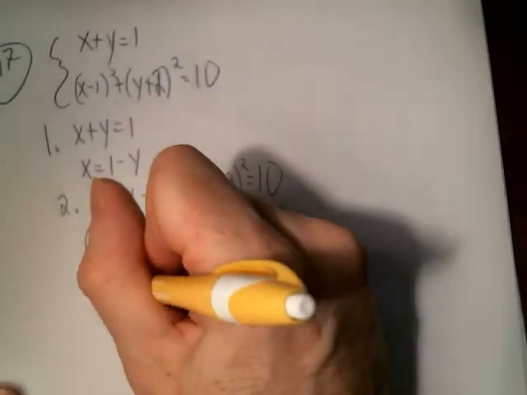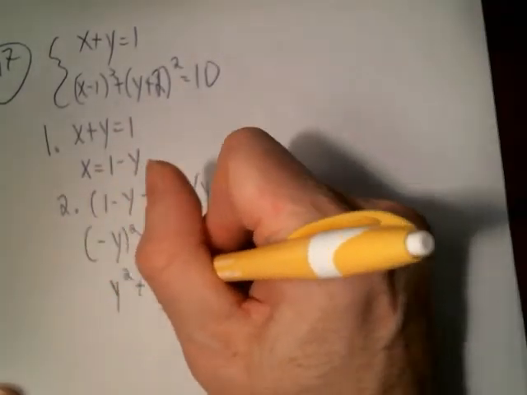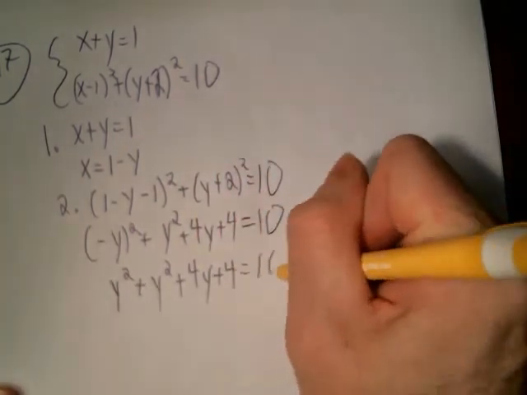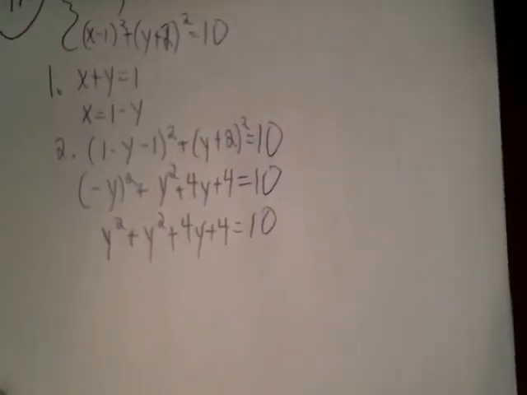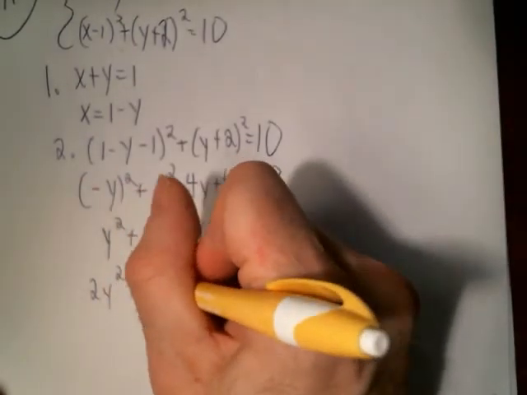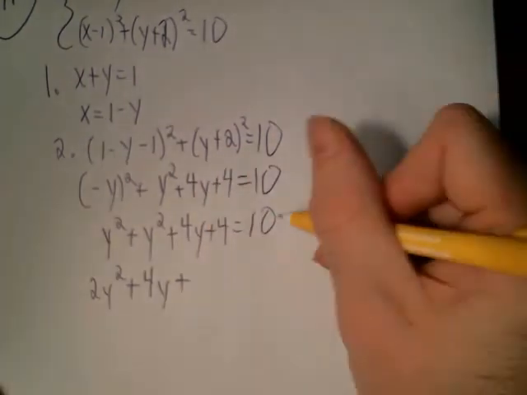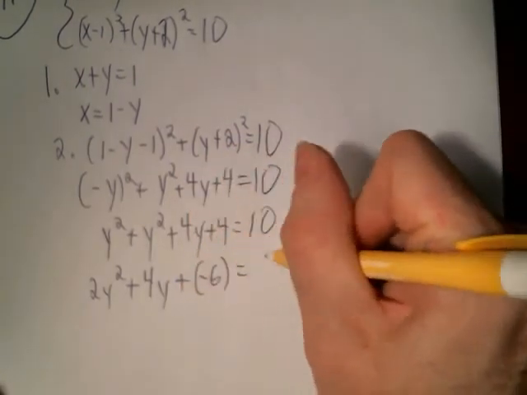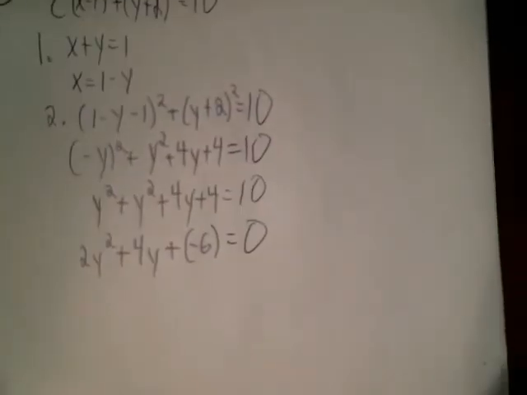And then negative y squared is y squared, plus y squared plus 4y plus 4 is 10. It's quadratic, so we want to set it equal to 0. We got 2y squared plus 4y plus, move the 10 over, you get negative 6, equals 0. Multiply both sides by 1/2.